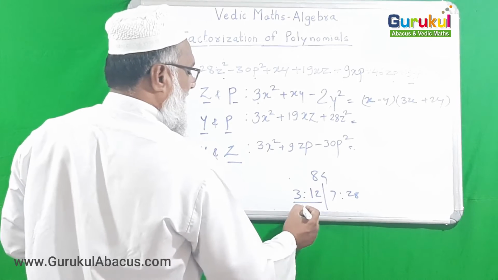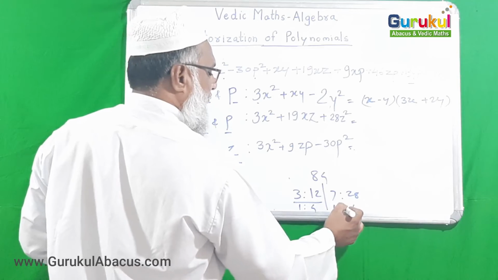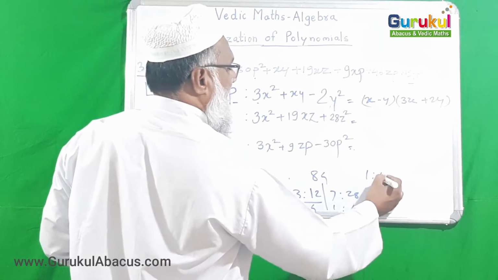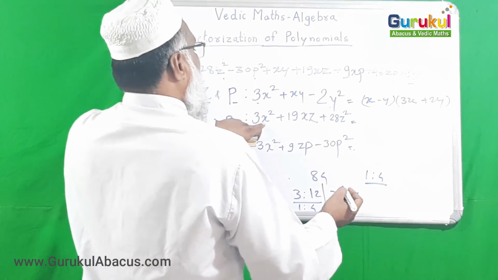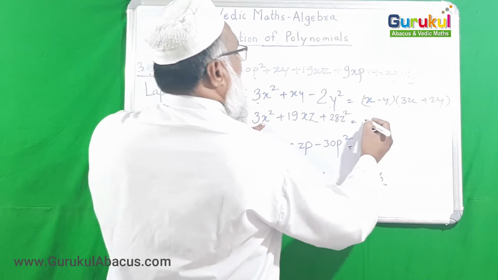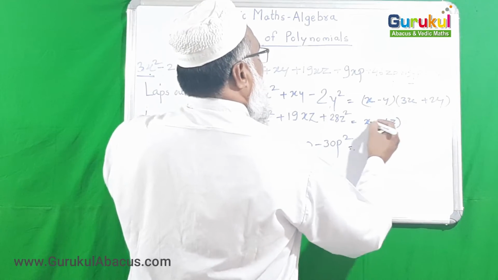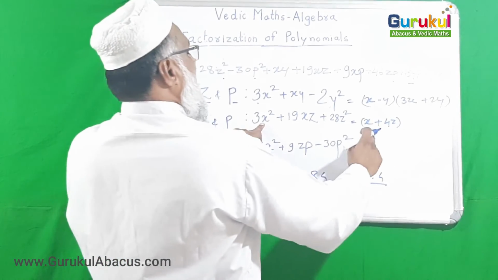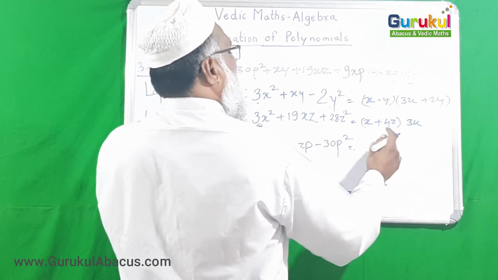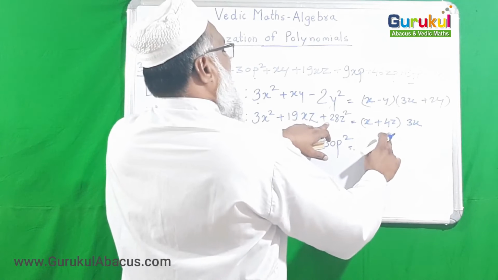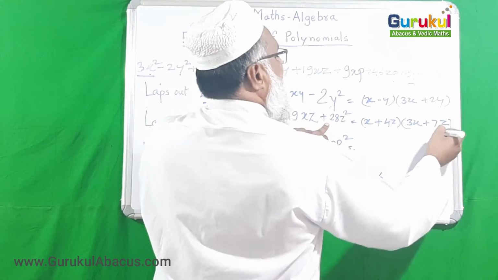Make it shorter: it can be 1 raised to 4, and 7 times 1 and 7 times 4 is 28. So 1 raised to 4 is our final shortest ratio. Now x plus 4z is our first factor, and dividing for the second factor we get 3x plus 7z. It is our second factor.